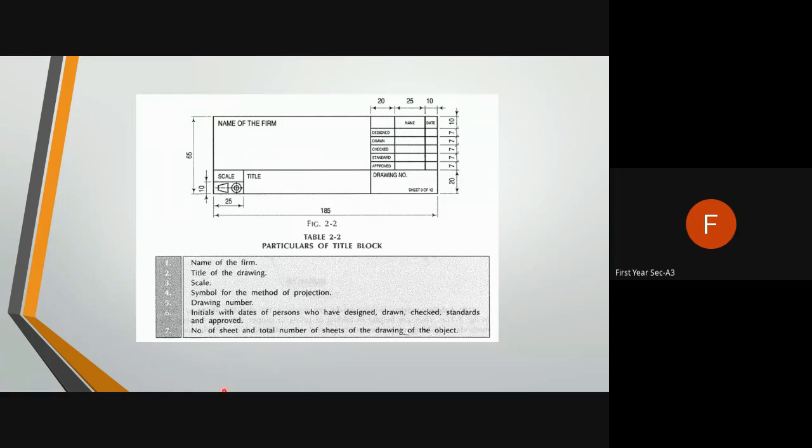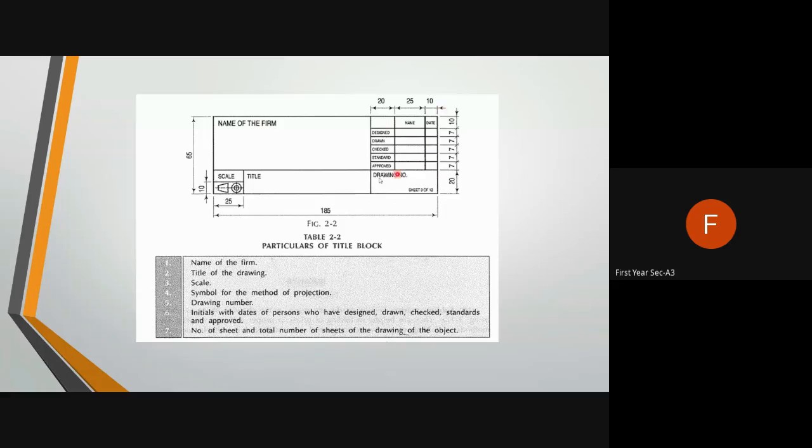Now suppose you are working somewhere as a draftsman, and you are supposed to draw the drawing for some construction company or any company which has given you work. In that case, you have to prepare the title block, and by seeing the title block, the person who has given you the work can understand what the sizes are and in which dimension this particular sheet is drawn.